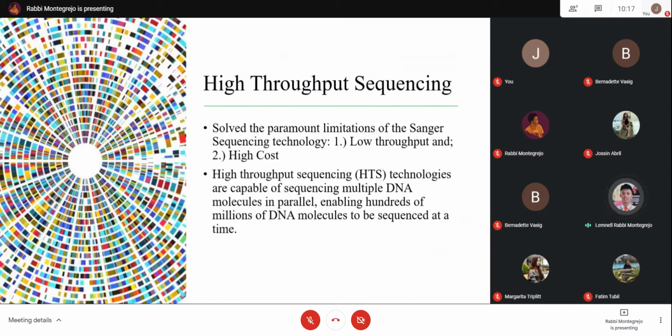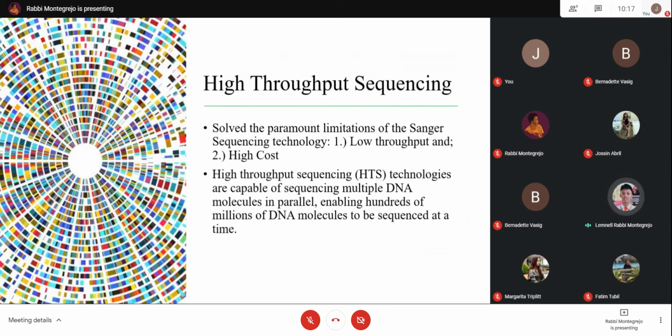So high throughput sequencing technologies are capable of sequencing multiple DNA molecules in parallel. That is to say nga simultaneous siya, which is millions ang occur in a single flow cell, enabling hundreds of millions of DNA molecules to be sequenced at a time.